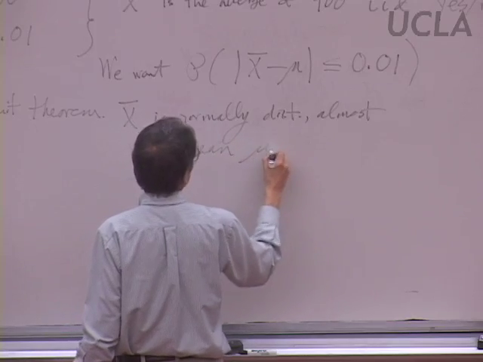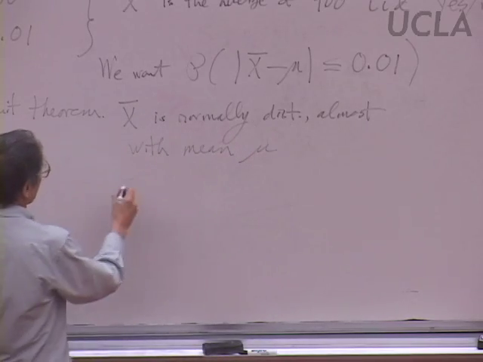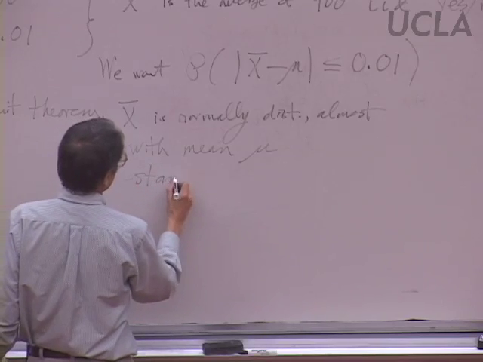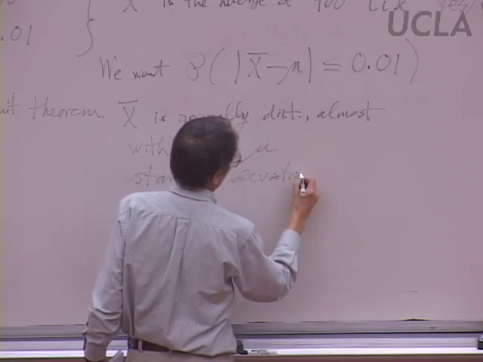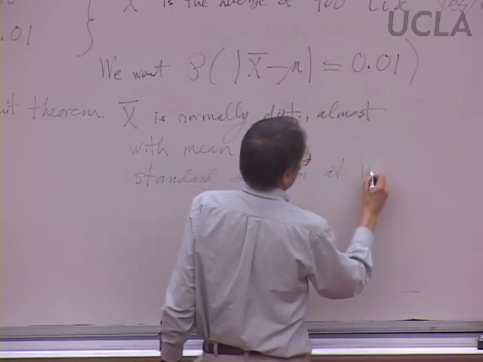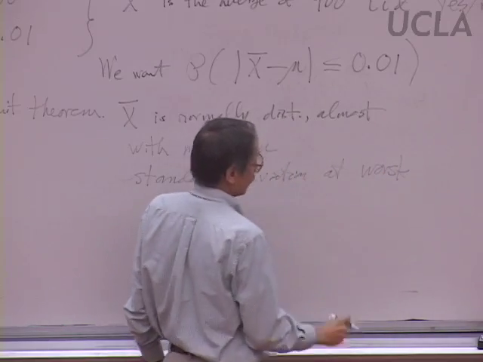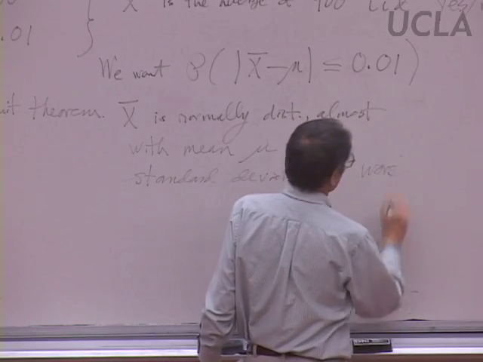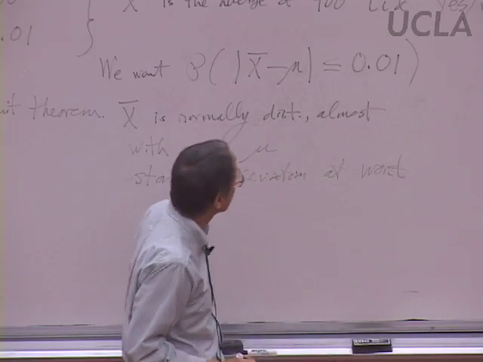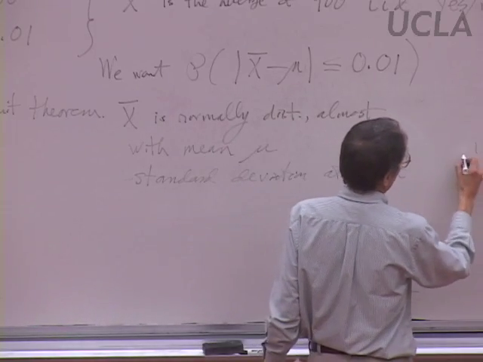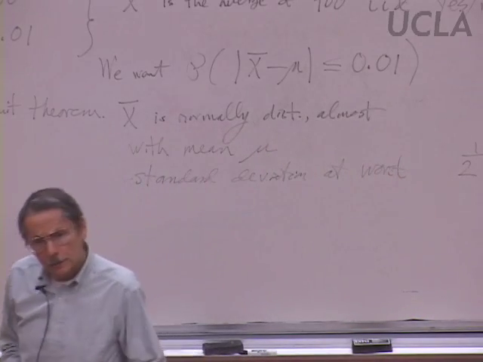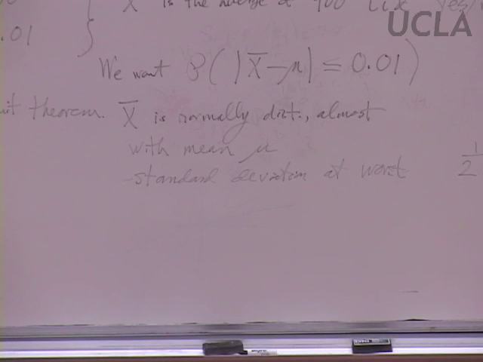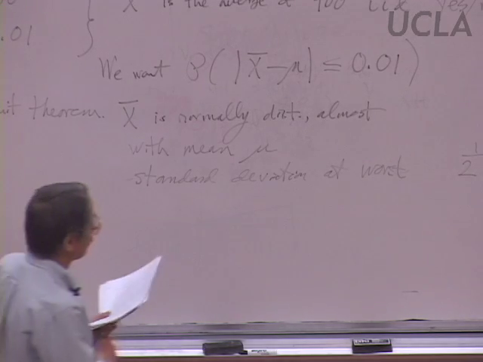Its mean is mu, which we don't know. And its standard deviation, well, the worst it could be, that is the largest it could be: the individual binary yes-no things have standard deviation at worst 1/2, and we have 900 of them.